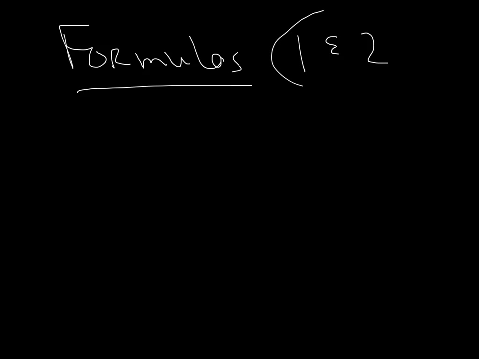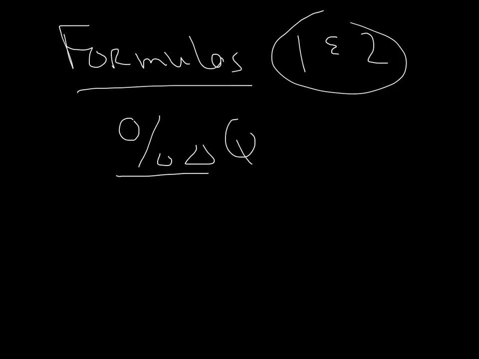The formulas for the price elasticity of demand and the price elasticity of supply are essentially the same. Both in the numerator, it's a percent change in the quantity, and the denominator is a percent change in the price.